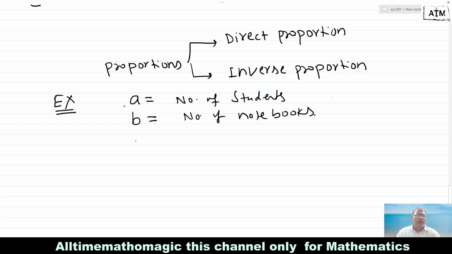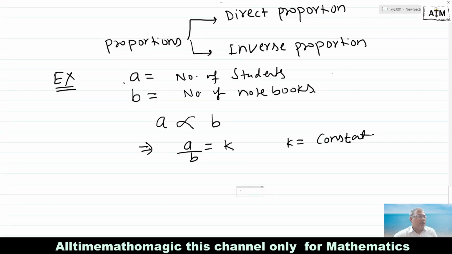As the number of students increases, the notebooks used by the students also increase. So A and B are in direct proportion, and it can be written as A is in direct proportion with B implies A upon B equals K, where K equals a constant.